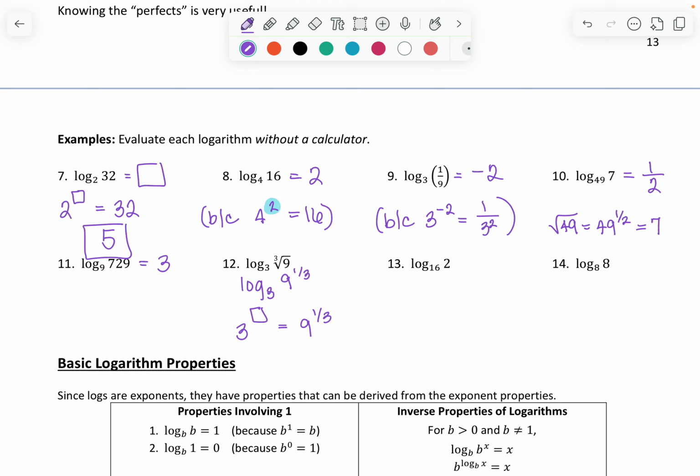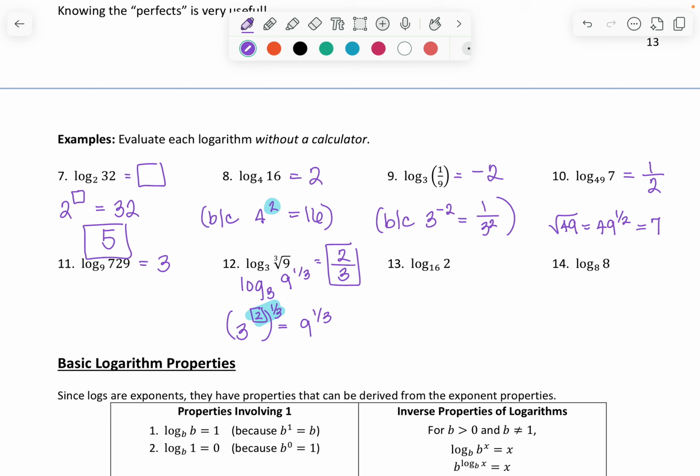So I know that to get to 9, it's got to be 3 squared. But then I also know that I need that to be to the 1/3 power. And remember that when we do a power of a power, we multiply those exponents. So 2 times 1/3 tells me that I'm going to get 2/3 for this exponent. That one is a little extra tricky. You got to think of a couple of levels there.